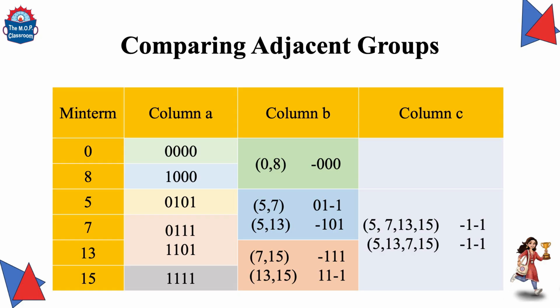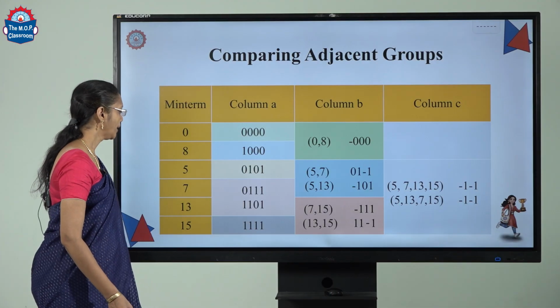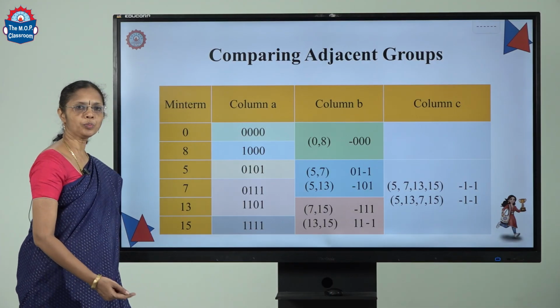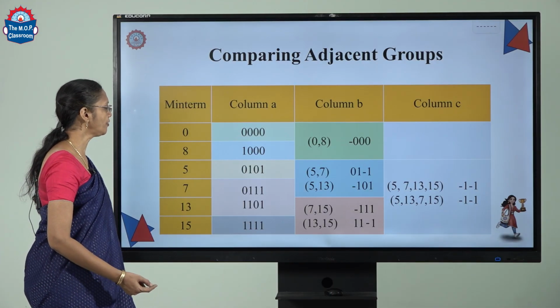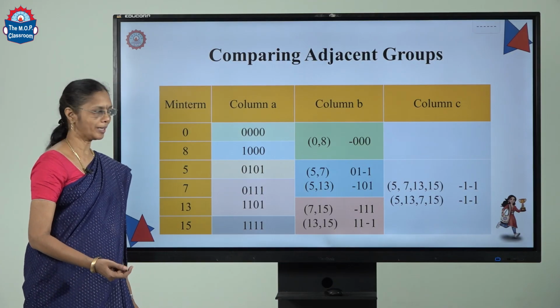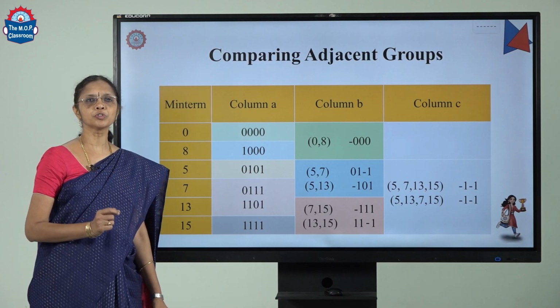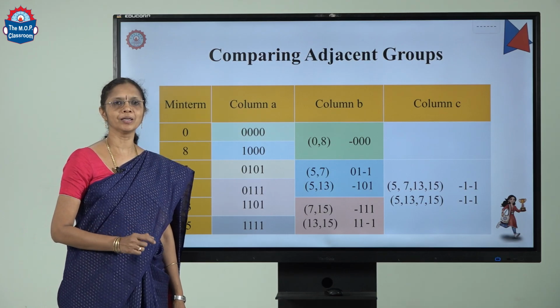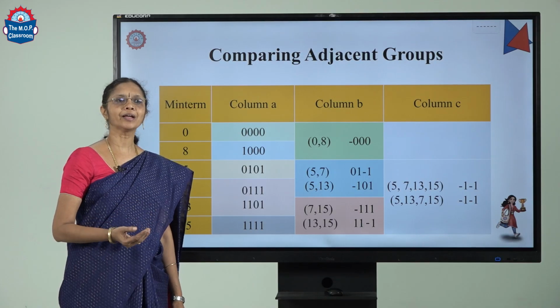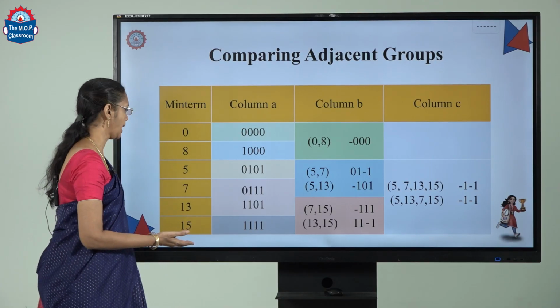In column B, we write it as 5, 7, and we write the 0, 1, hyphen 1. Then you compare 5 with 13. So it differs again only by one bit. So it is 5, 13, which is nothing but dash 1, 0, 1. Whichever position it differs by one variable, we place a dash and write the remaining digits as they are.